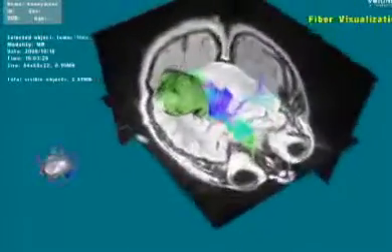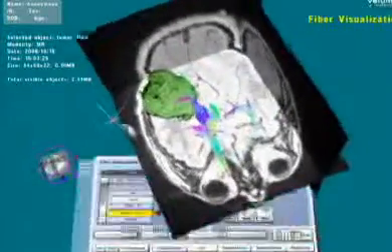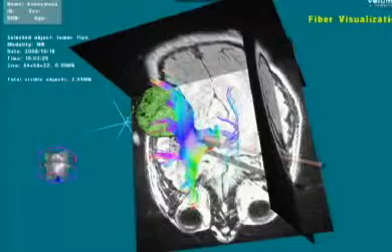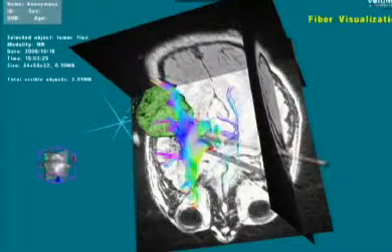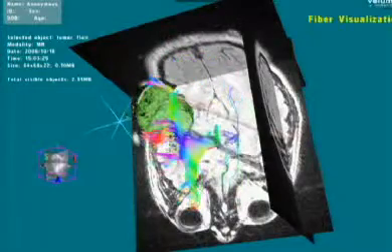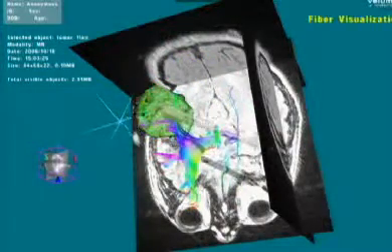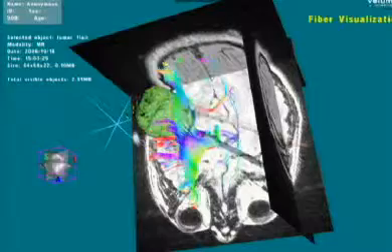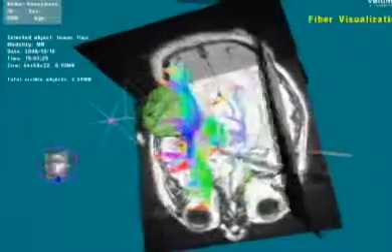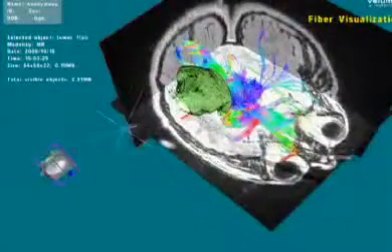And there you start to see the corona radiata and how it's framed and how this comes up as you go towards the top. And you start thinking about how you're going to approach this lesion and where the trouble spots are going to be. I wouldn't say that you don't know this already, but I think actually seeing it probably confirms in many instances what you've thought about for a long time.